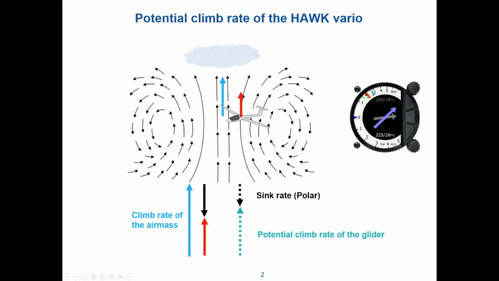And as I just said, if this climb rate of the glider is much smaller than the potential climb rate, this means we do not optimally use the size of the thermal here. To understand that, sounds complicated, we need to have a look at the time varying signals.